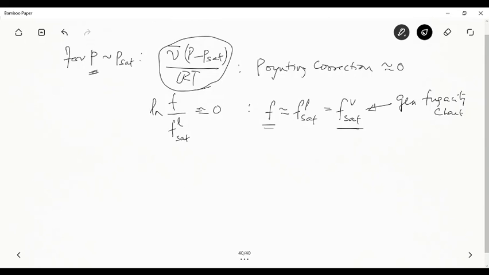Or you get the solid-liquid equilibrium. The liquid fugacity you get from the liquid-vapor equilibrium using this relationship, and for solid-liquid equilibrium also, Fs at saturation will be equal to Fl at saturation. In this case, the saturation is of solid-liquid.